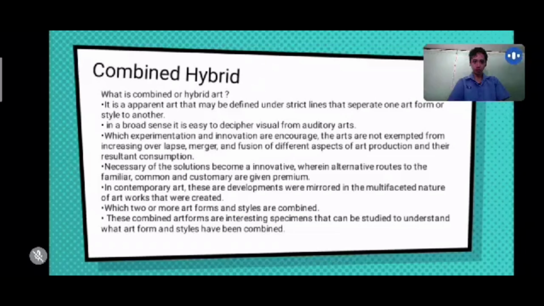These combined art forms are interesting specimens that can be studied to understand what art form and style have been combined.